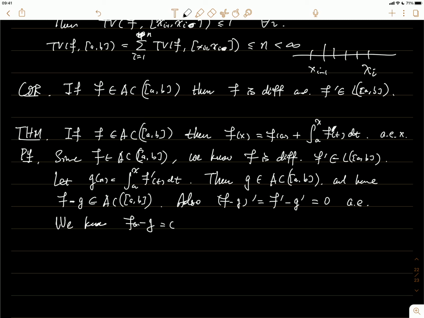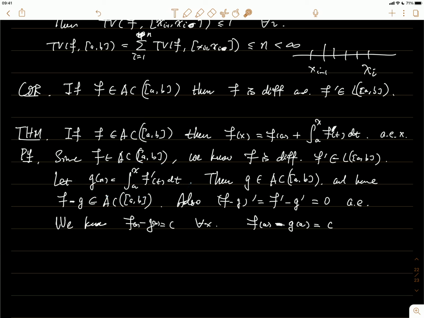So f of x minus g of x will be constant for all x. And let's take a specific value, x equals a, then we'll have f of a minus g of a equals c. But g of a, according to our definition, is just 0.